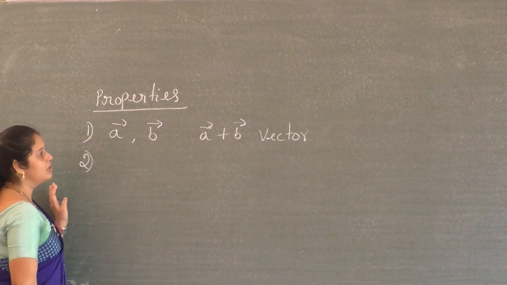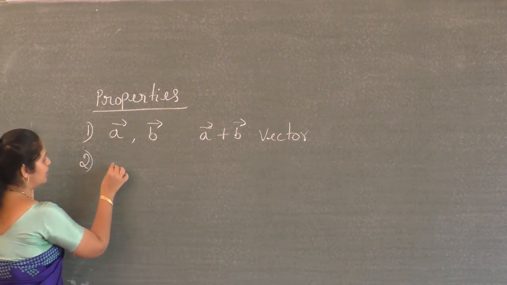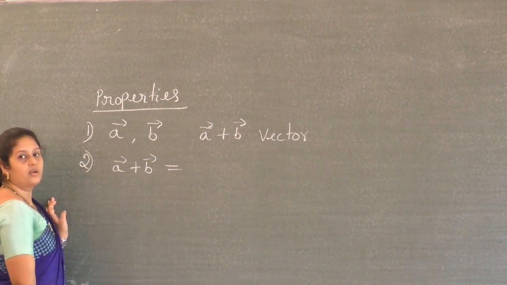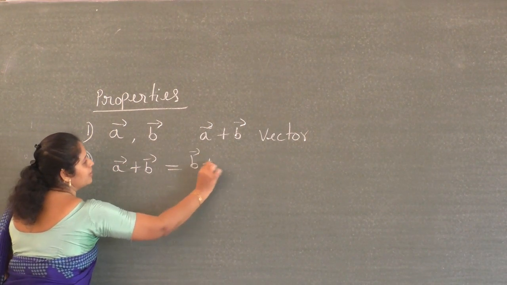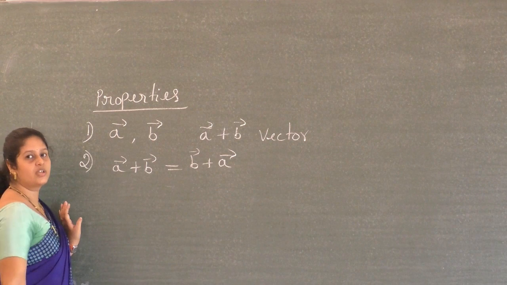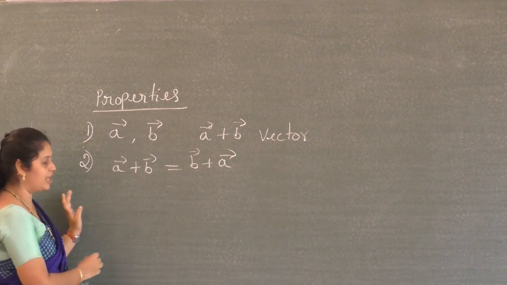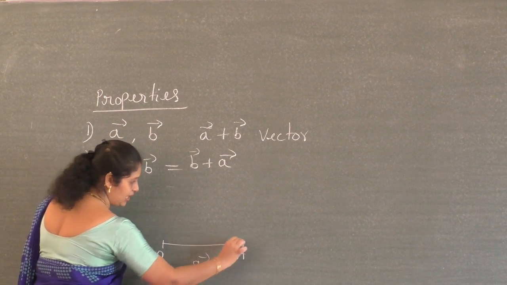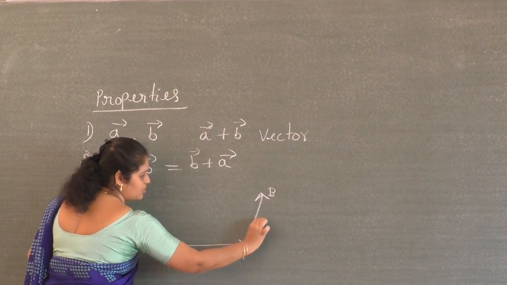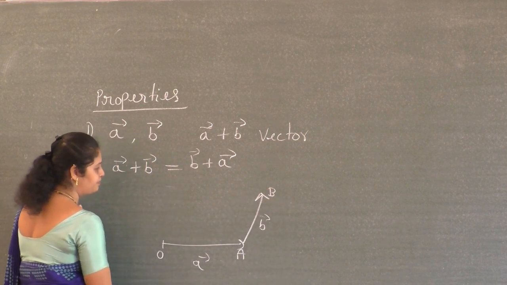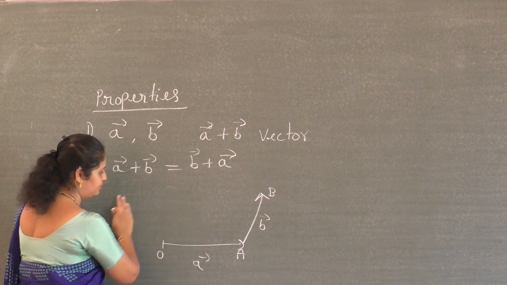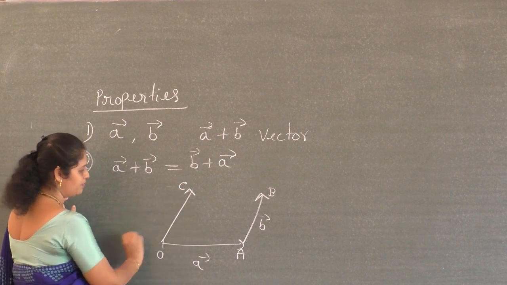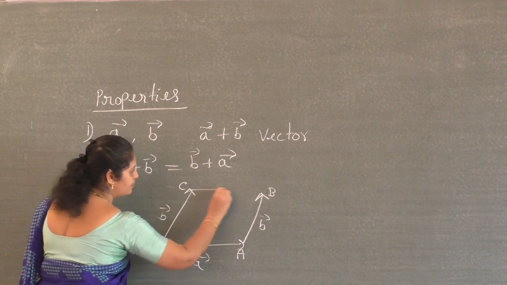Okay, the second property is the commutative property. That means vector A plus vector B is the same as vector B plus vector A. You can show this by the parallelogram law of vector addition. Take vector OA equal to vector A, vector AB equal to vector B, and vector OC, then it will become vector B only.